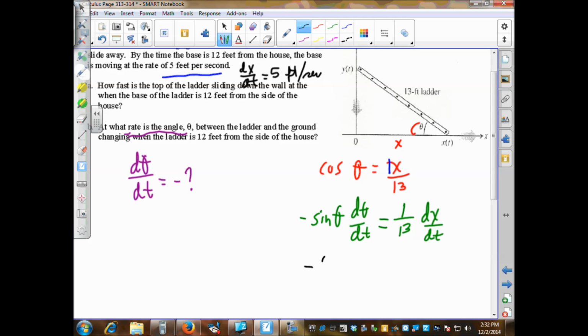We need the sine of theta, which is going to be, if this is 12, that'll be 5, so negative 5/13. And we're looking for d theta dt, which is equal to 1/13.